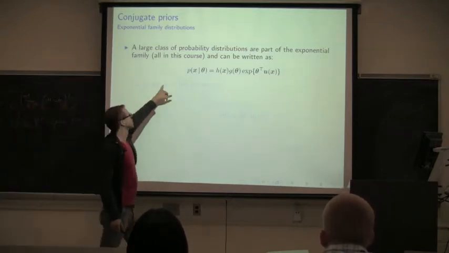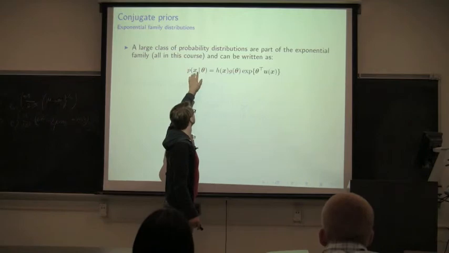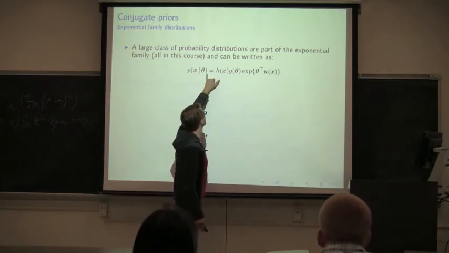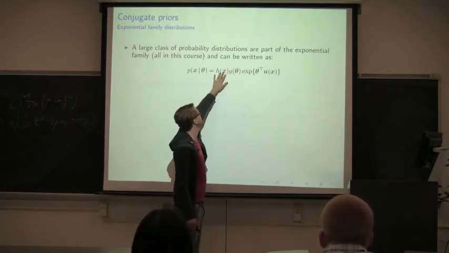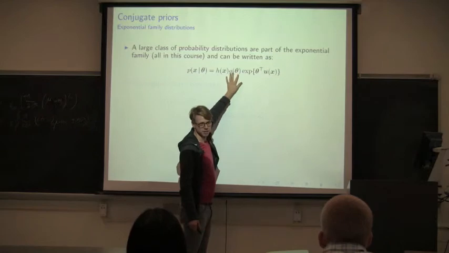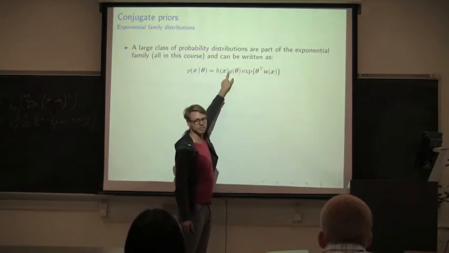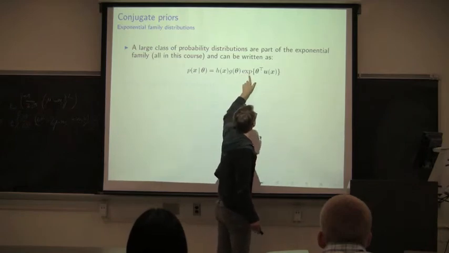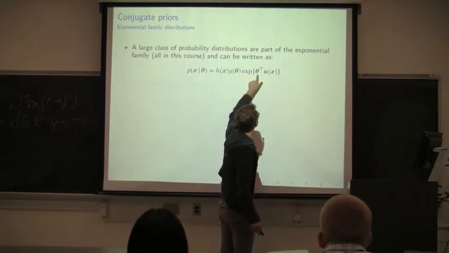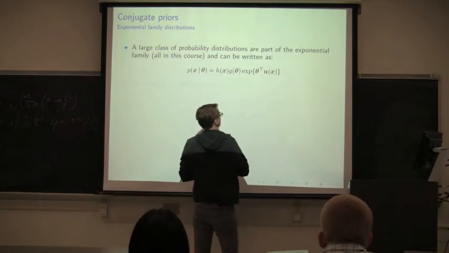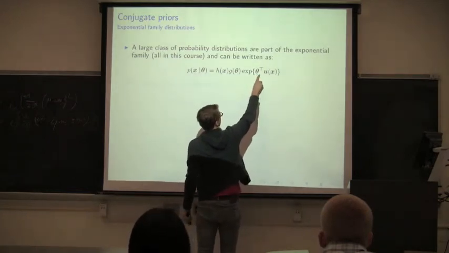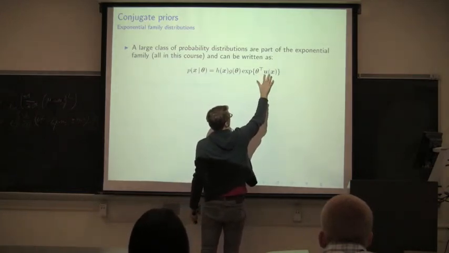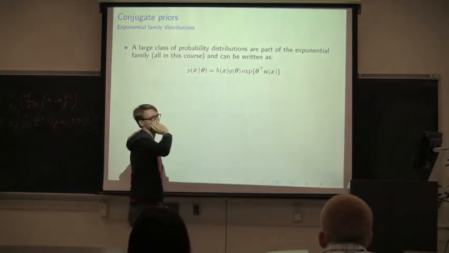So basically, the distribution given the parameter is some function of the data times a function of the parameter. These two are independent of each other, times an exponential function of the inner product of the parameter times some function of the data.